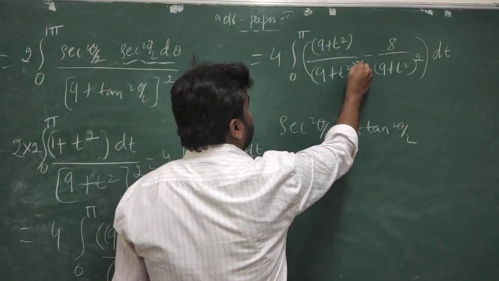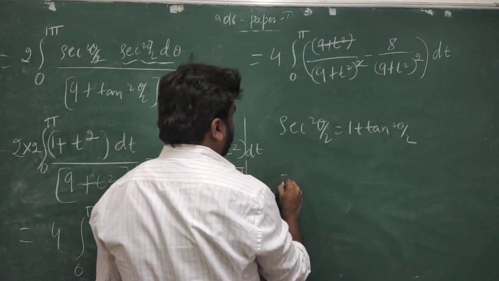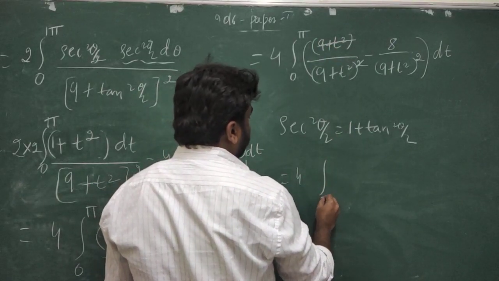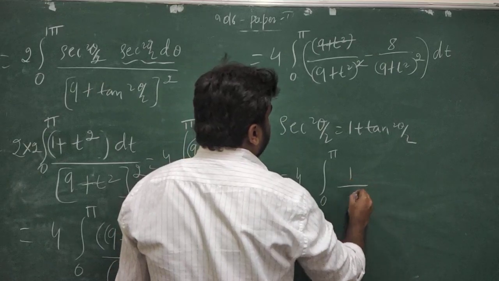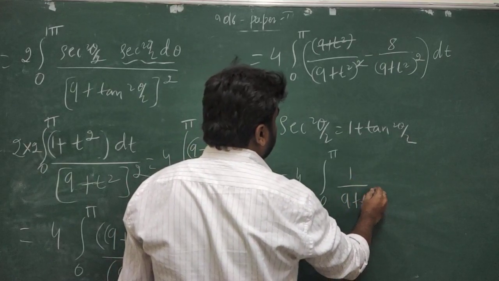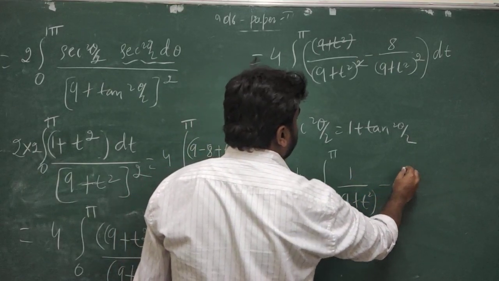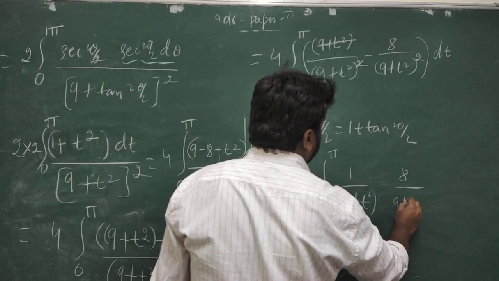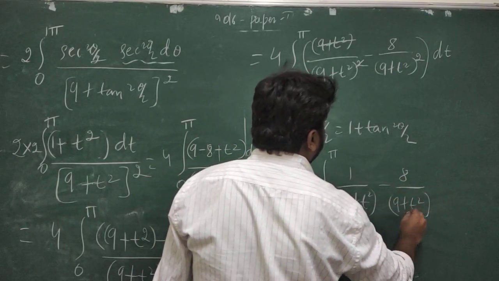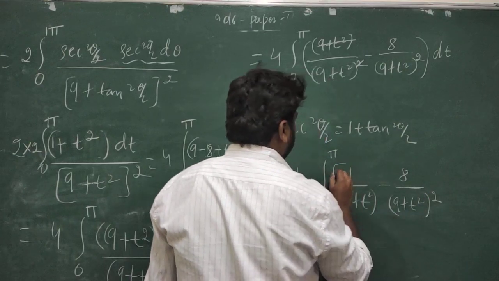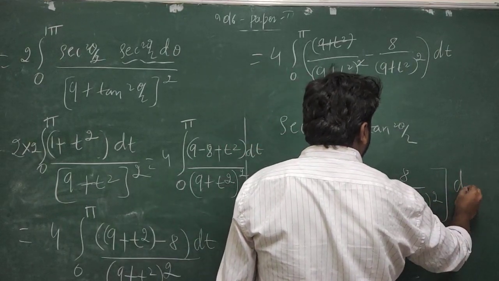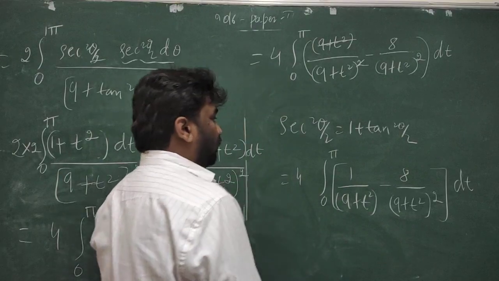So then 1 square and this one cancel. Remaining is 4 into integral 0 to pi 1 by 9 plus t square minus 8 divided by 9 plus t square whole square into dt. Okay.